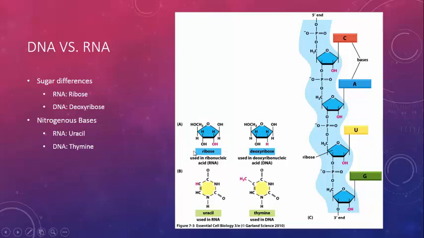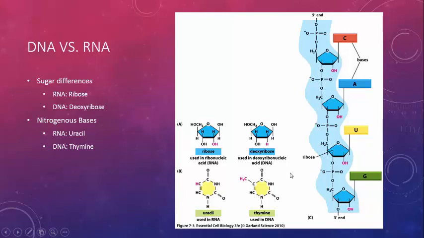The last difference comes from the nitrogenous bases. DNA and RNA share 3 of the 4 bases. The 3 that are shared are adenine, cytosine, and guanine. In DNA, the final base is thymine, while in RNA it is uracil.